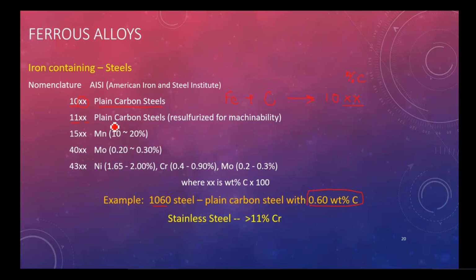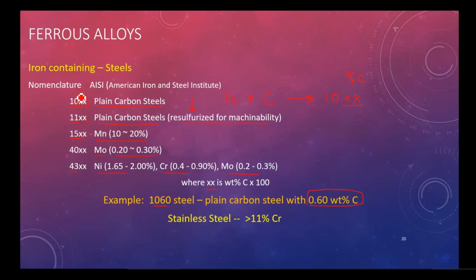Similarly, 11XX means plain carbon steels resulfurized for machinability. You don't need to worry about what is resulfurized, but this is a category that makes machinability of materials easier. 15XX series, a series which has manganese from 10 to 20%. 40XX series, molybdenum having 0.2 to 0.3%. 43XX series, which has nickel, chromium, and molybdenum in the same range.